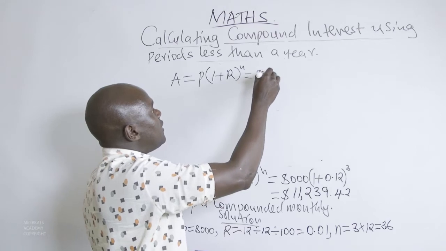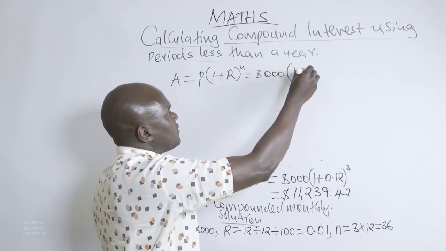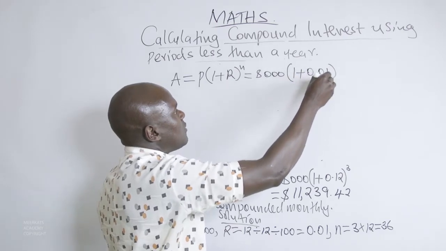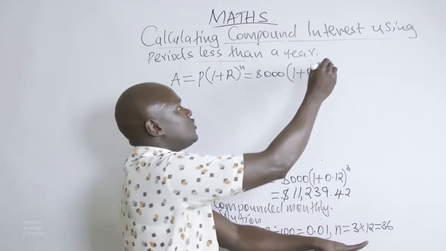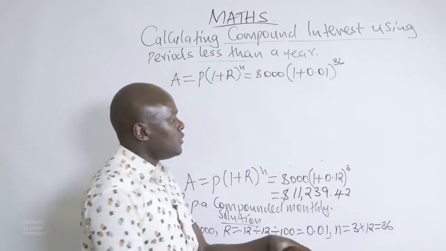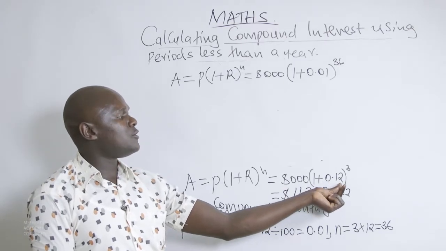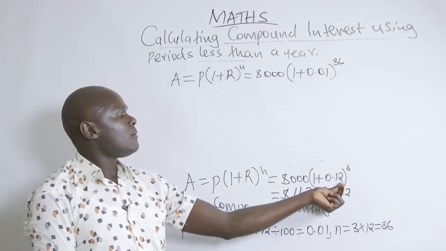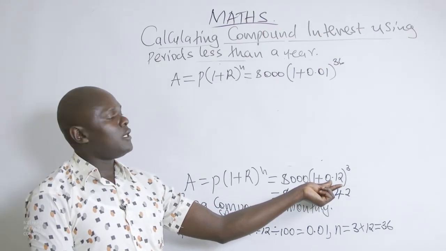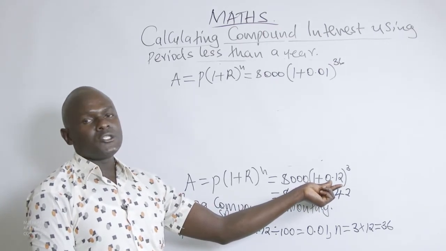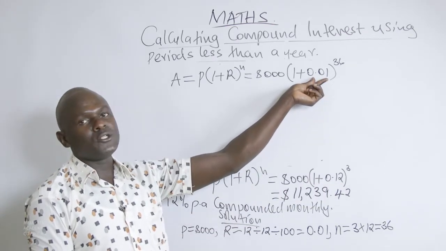The principal is 8,000. This will be 1 plus the new rates, 0.01. And also the period will change to 36. When you look at these two expressions here, the rates were 0.12 because the number of periods that we had was in terms of years. This time round it has changed to 0.01.